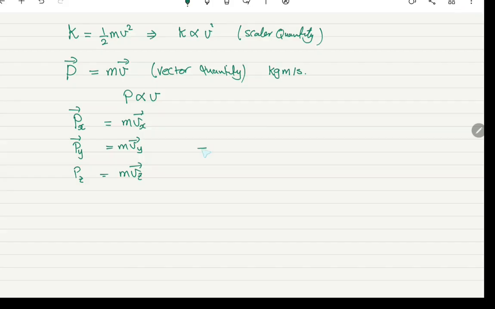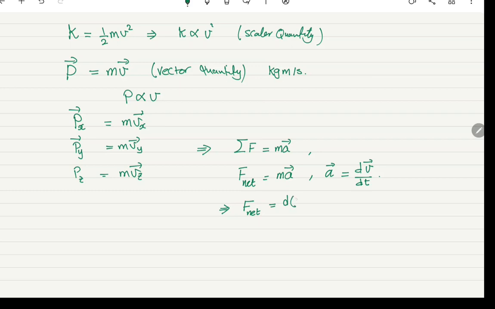Now let's go back to Newton's second law. Sum of all forces equal to ma, or F net equal to ma, and we all know that a is the first derivative of v with respect to time, and in this case F net equal to d.